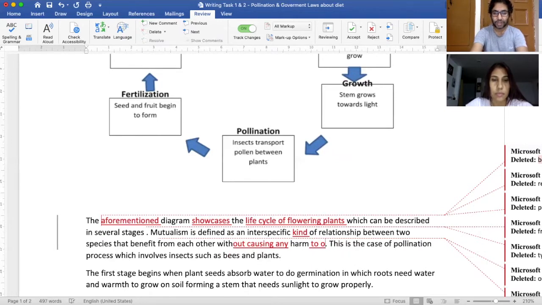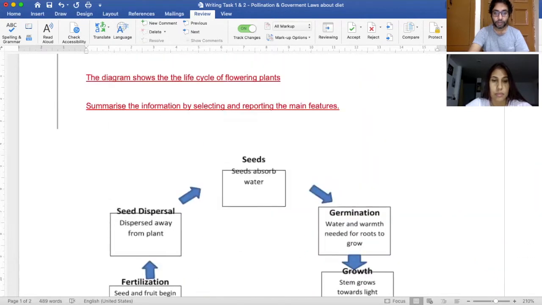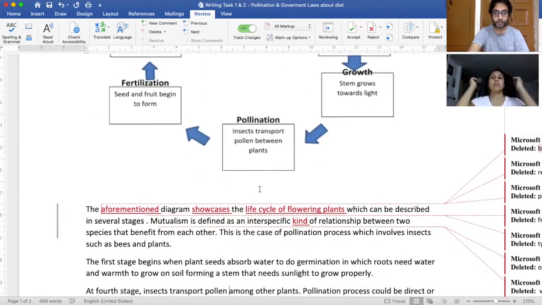The harm part is not required now. That benefit from each other. This is the case of the pollination process, which involves insects such as bees and plants. It's not only about the pollination. Why did you start with that?